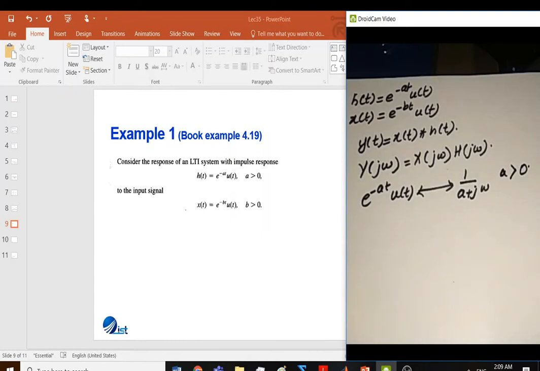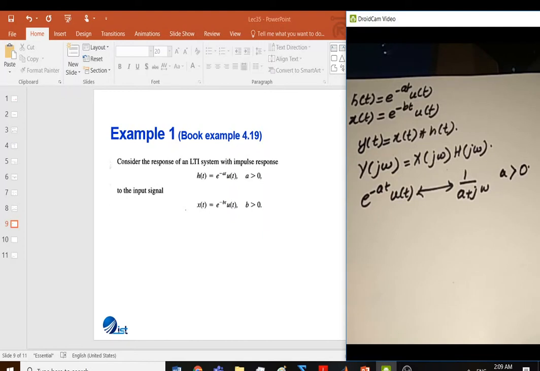This condition is mentioned because when we were discussing the convolution property, we said that an analysis of the system through Fourier techniques is possible only if the system is stable. If the system is unstable, we cannot use this analysis.